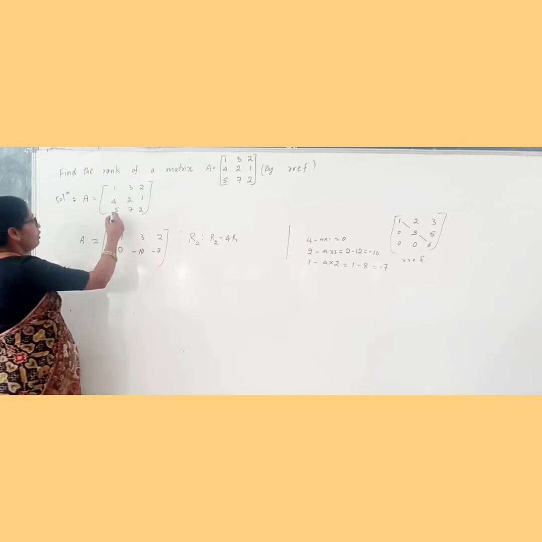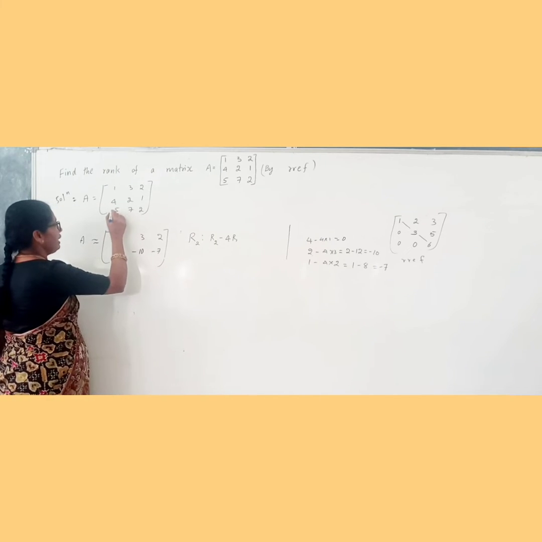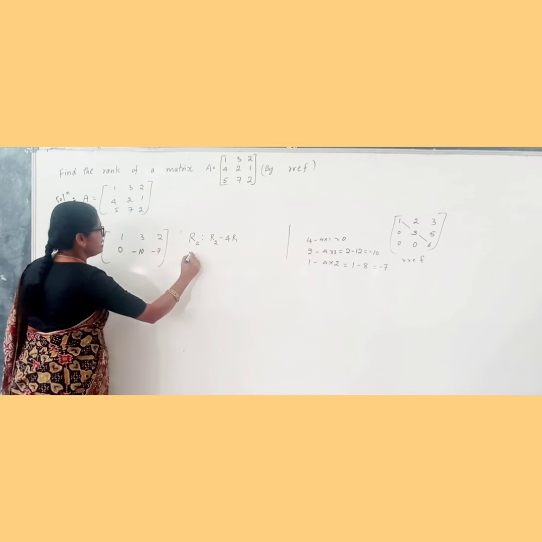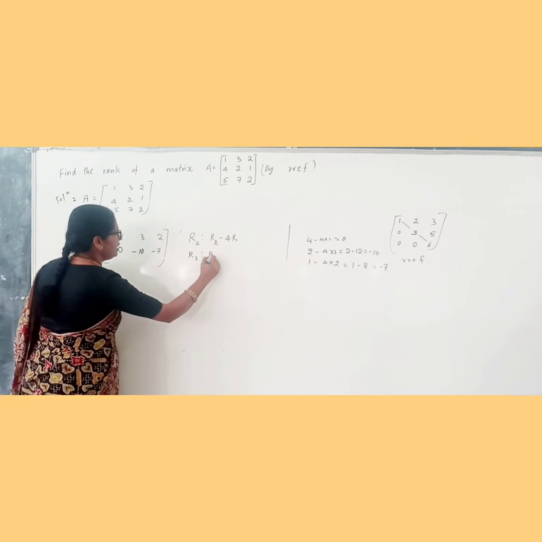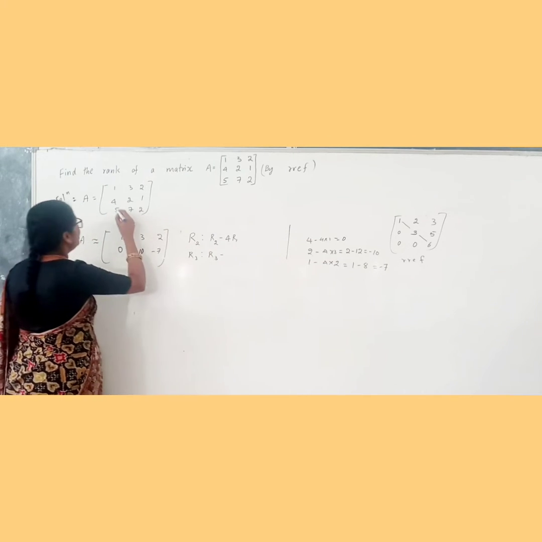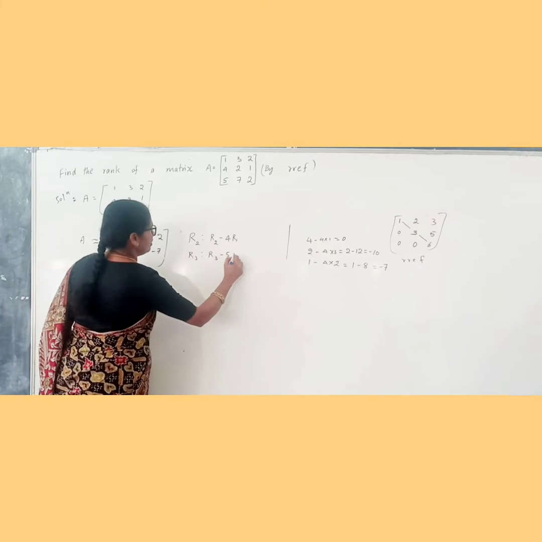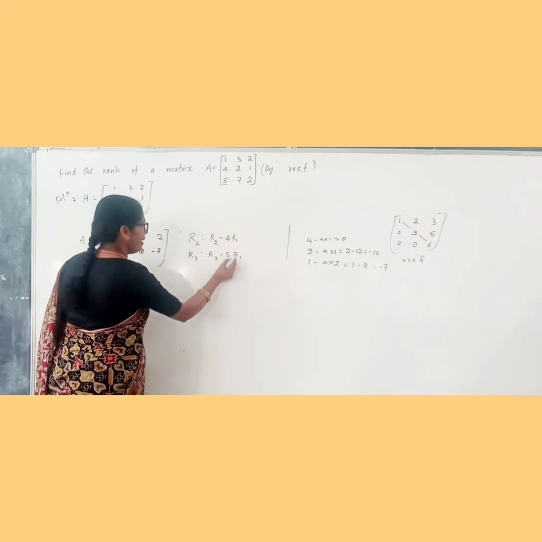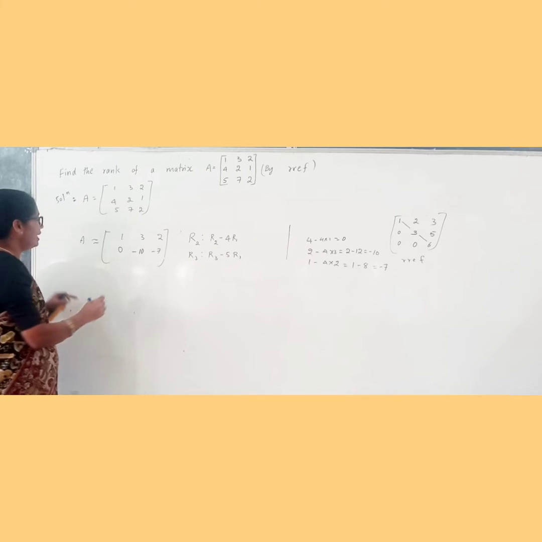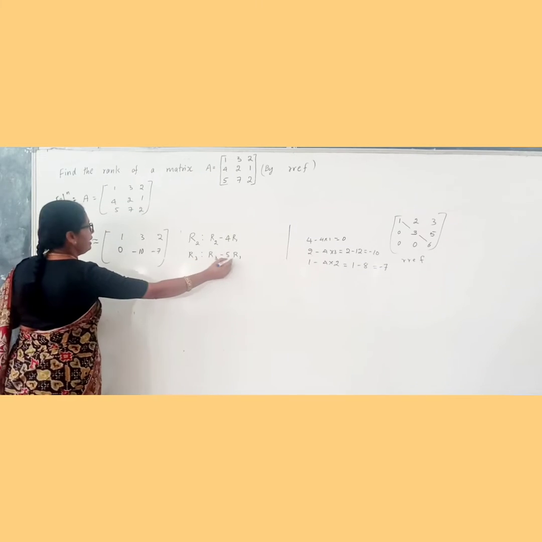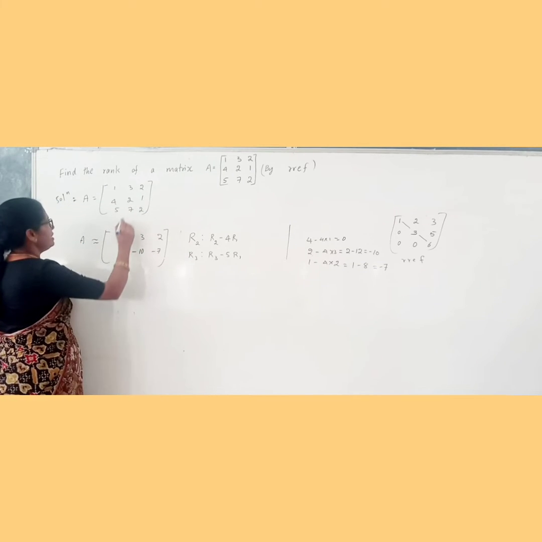Then the third row we will take. In the third row also we should make this first element 0. So to make this 0, let us have the operation R3 minus 5R1. See, first you have to operate with R1. Then 5 minus 5, the first element is 0.